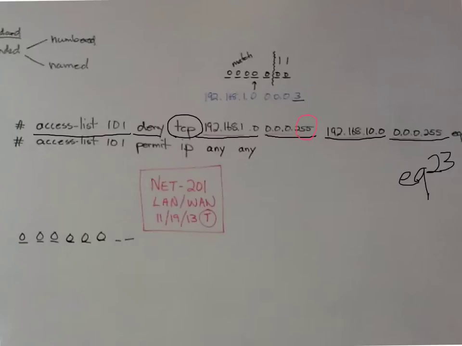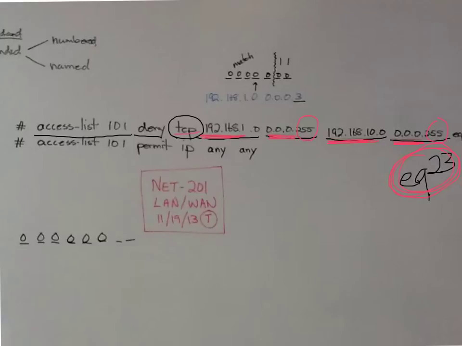So wildcard mask, what we're saying is we're going to ignore the last octet. The zeros are saying we're going to match this destination, this source. And it has to be TCP.